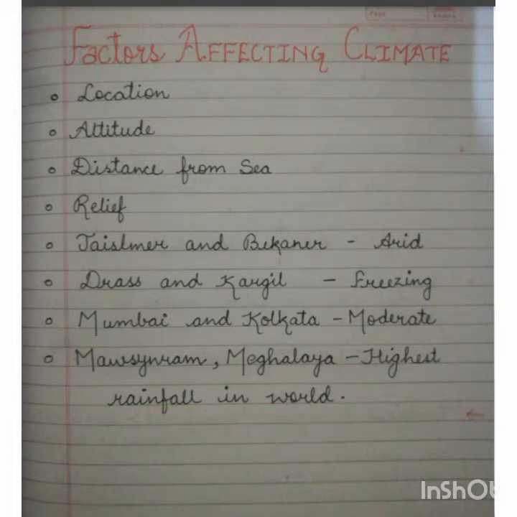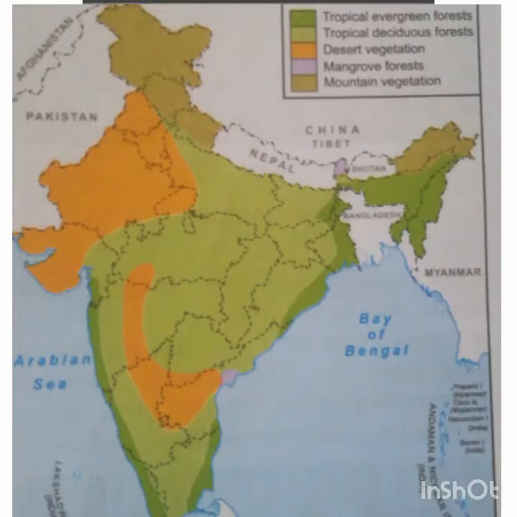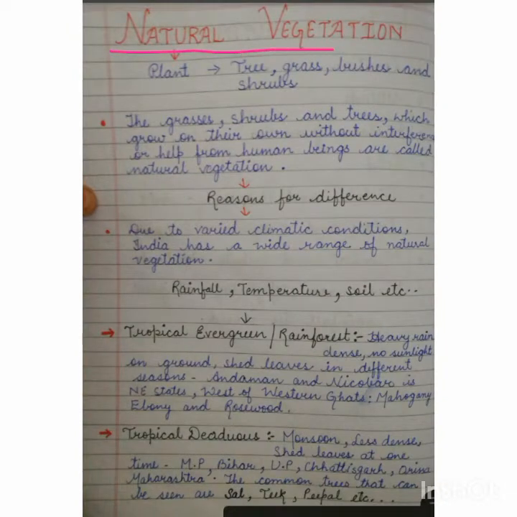So then our next topic that we are going to continue is natural vegetation. Again, when we talk about vegetation, we can classify vegetation in India into 5 major categories. The first is tropical evergreen forest.